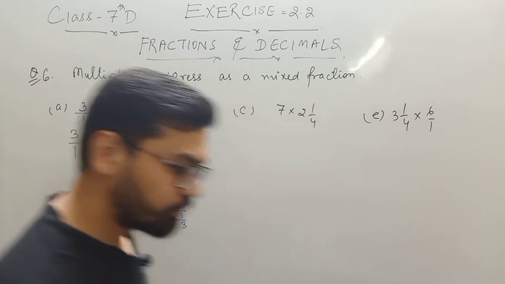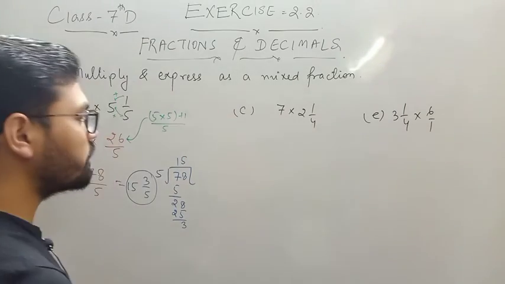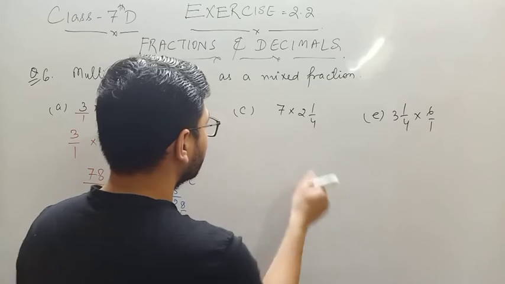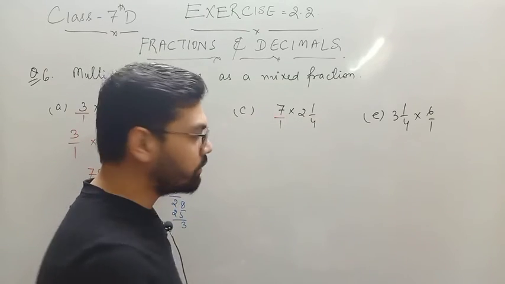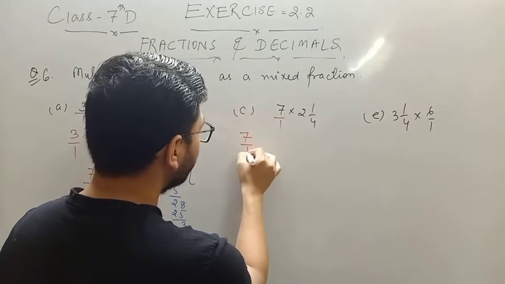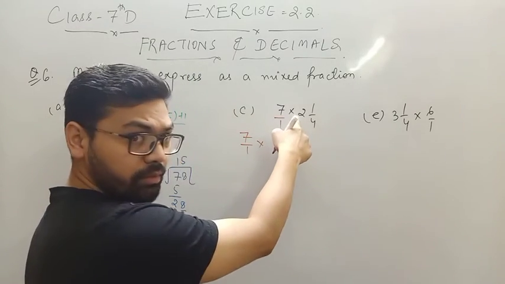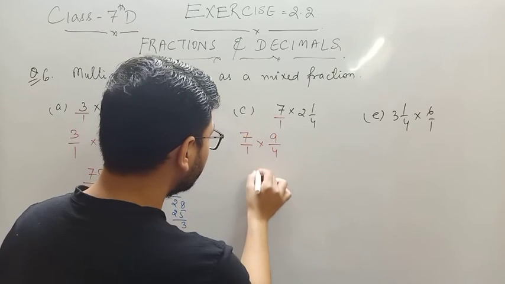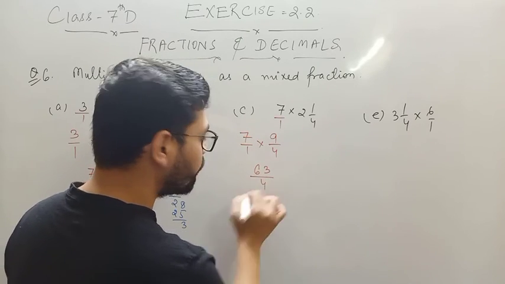Similarly, you need to first multiply this mixed fraction with 7. How? 7 can be written as 7 upon 1. 7 upon 1 into 4 2s are 8 plus 1, 9 by 4. 9 7s are 63 divided by 4.